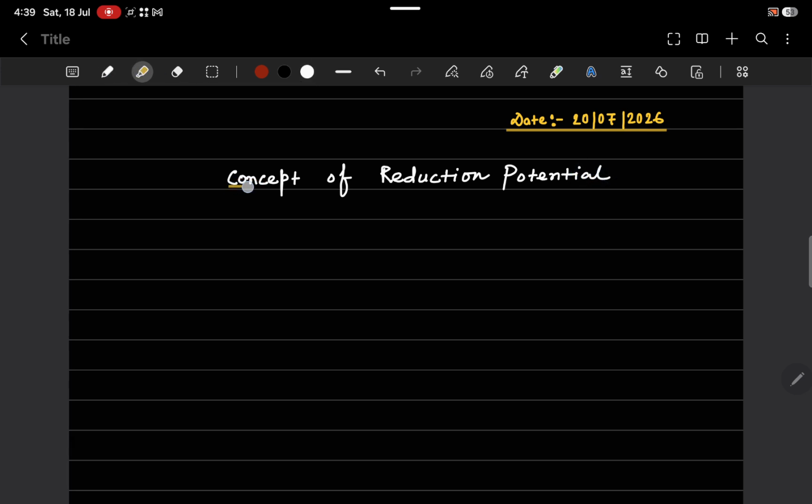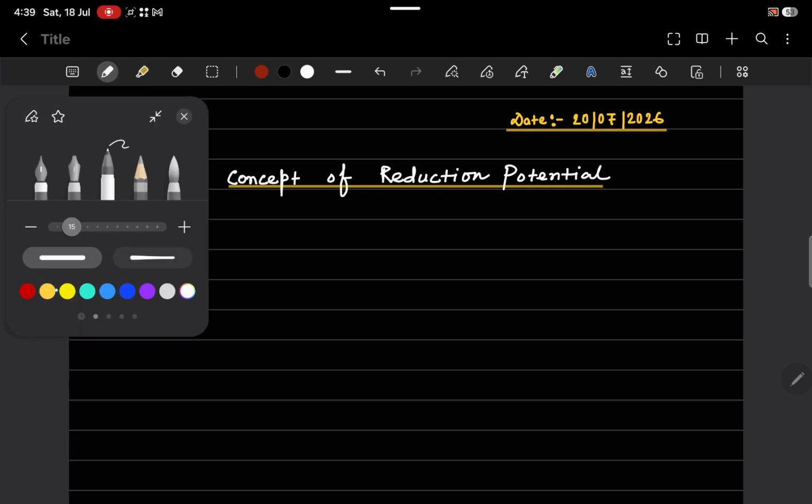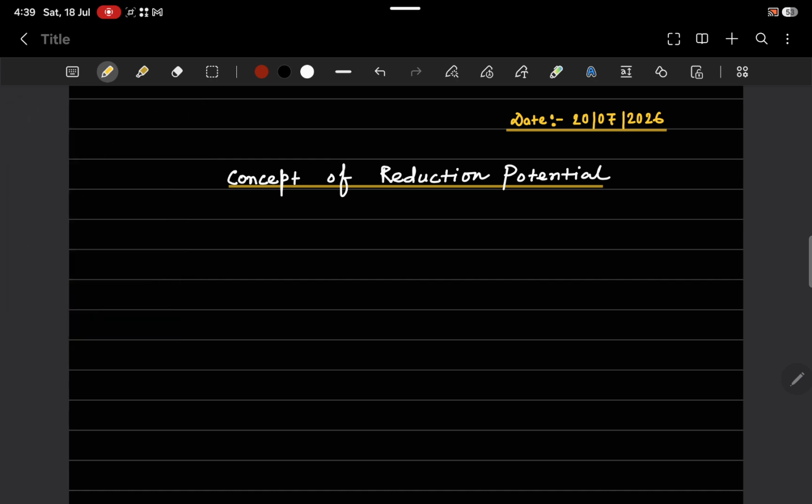But before going to the concept, we should know why we are so eager to know the reduction potential concept. In our previous class I talked about a very important topic, oxidation and reduction, and I know you are already familiar with oxidation reduction in your redox or electrochemistry classes.